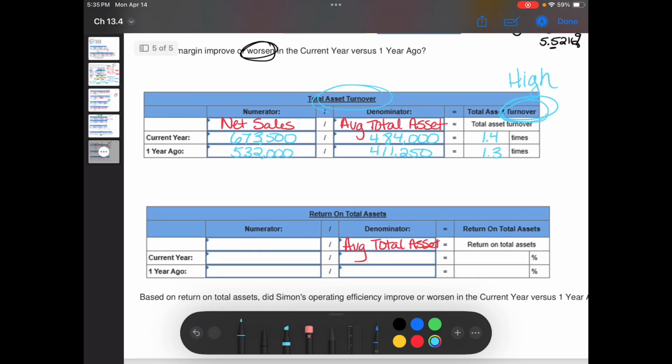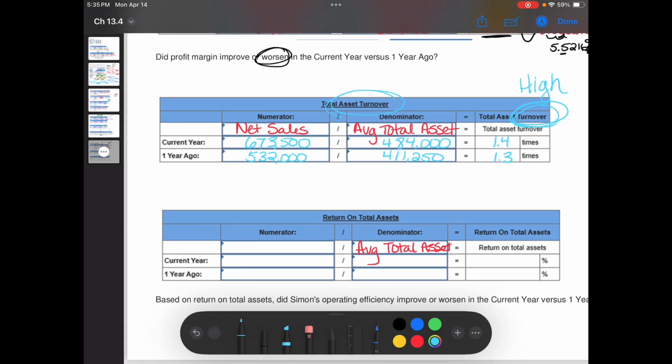Now, return on total assets is a similar idea, because similar to thinking about turnover, in this one what we want to think about is, are we getting a return? Now we're not looking at net sales, we're going to look at net income. It's our bottom line number making us money. So it could be as simple as, hey, I'm thinking about maybe making fishing poles and selling them.